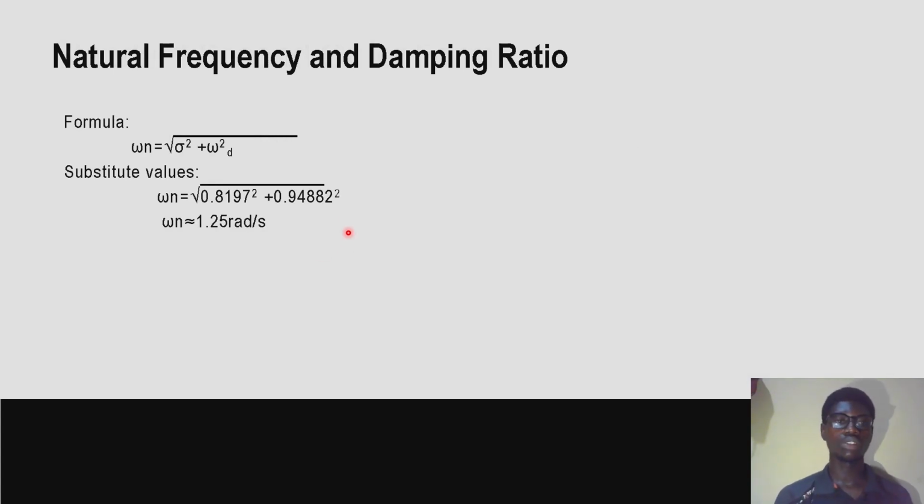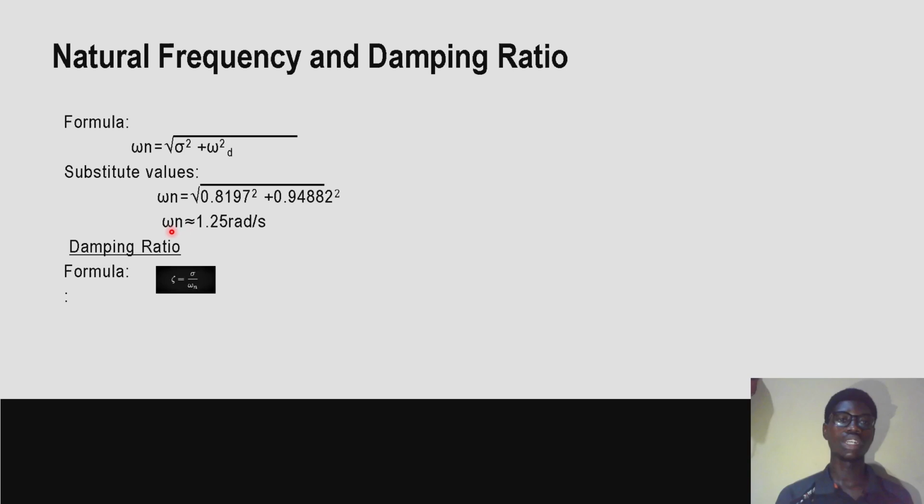The natural frequency's formula is equal to the square root of sigma squared plus omega d squared. So we substitute the values to get the square root of 0.8197 squared plus 0.9488 squared, which gives us 1.25 rad per second, and that will be our natural frequency.